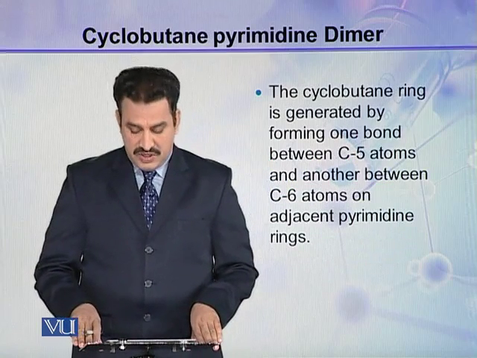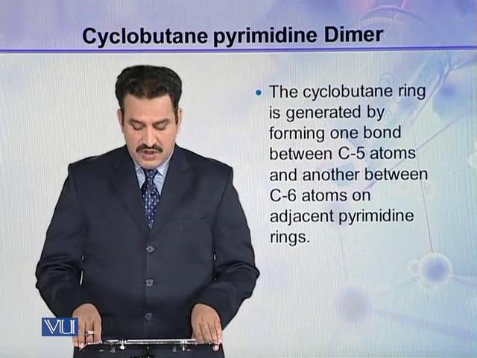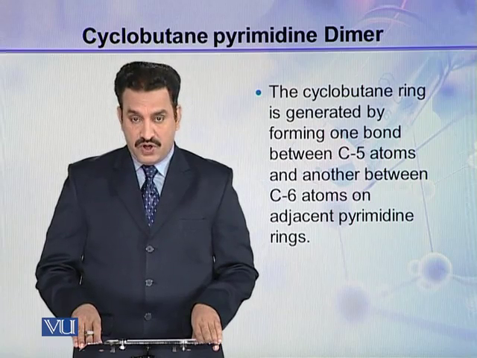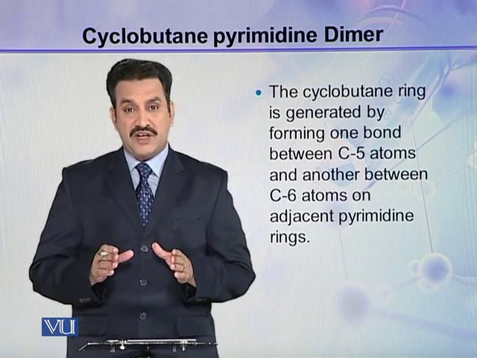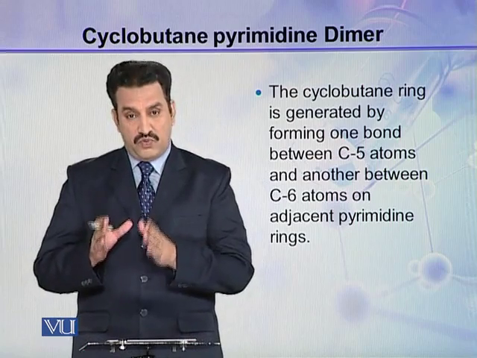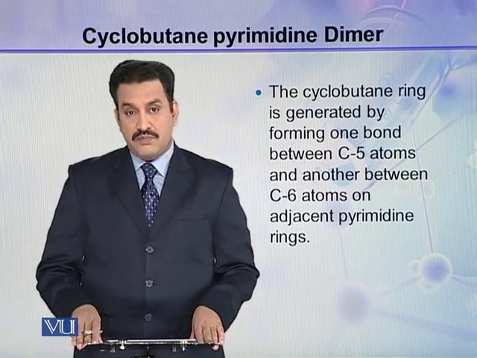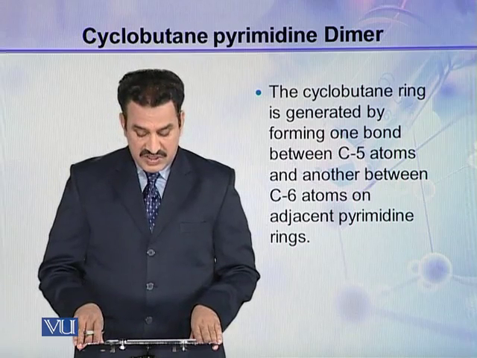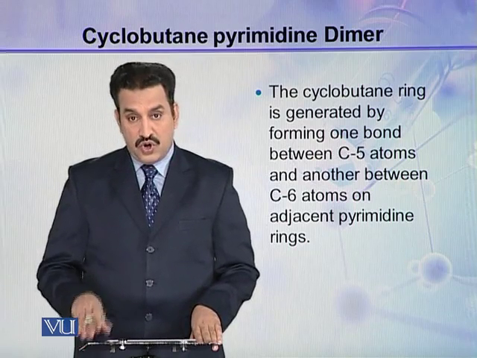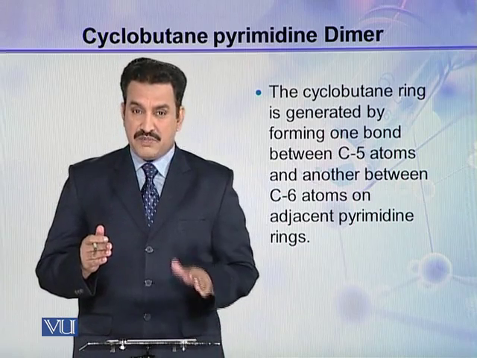The cyclobutane ring is generated by forming one bond between the C5 atoms of one pyrimidine and the adjacent pyrimidine, and the second bond is formed between the C6 atoms on the adjacent pyrimidine rings.